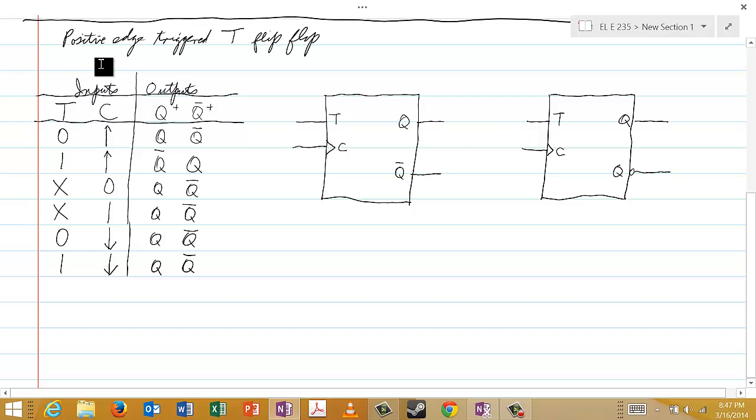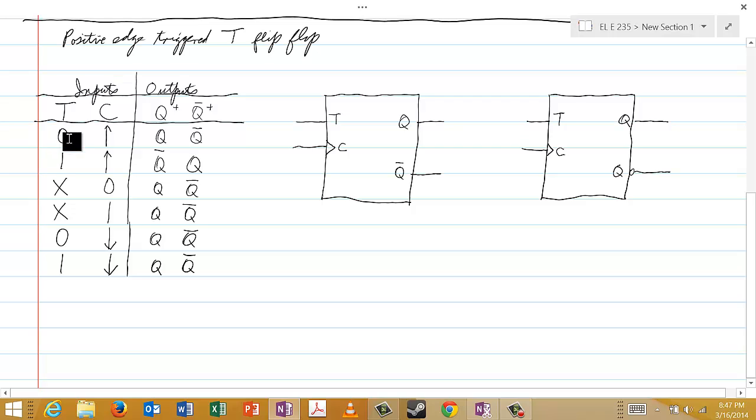The only time that we will have any possible change in the output of a positive edge triggered T flip-flop is when the clock has a positive edge, in other words, when it goes from 0 to 1. And what happens with the T flip-flop is different from what happens with the D flip-flop.